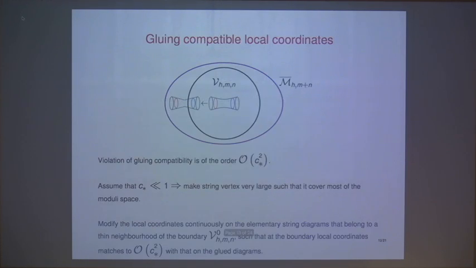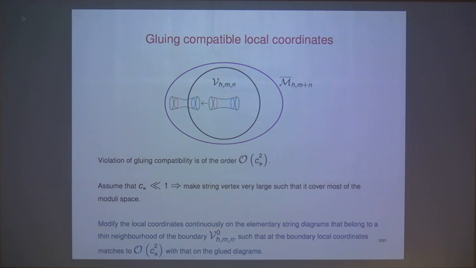And what is the meaning of taking c star to be very small? That just means that I am enlarging my string vertex. With a string vertex having very small c star, I will be able to cover most of the region in the moduli space. But still, we are left with some region near the boundary of the moduli space.